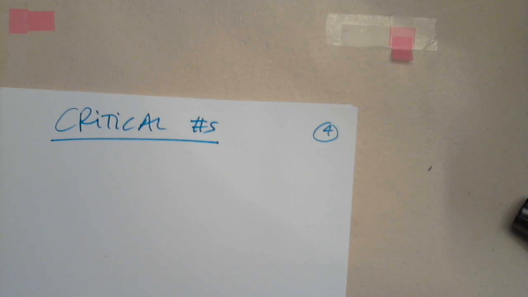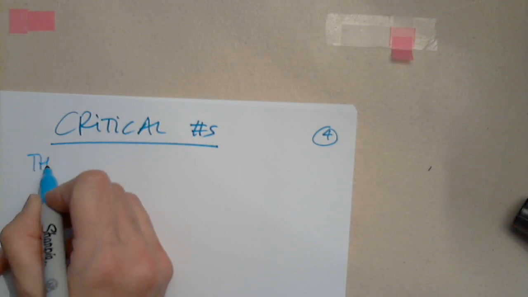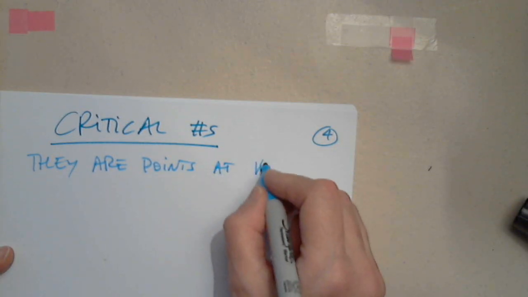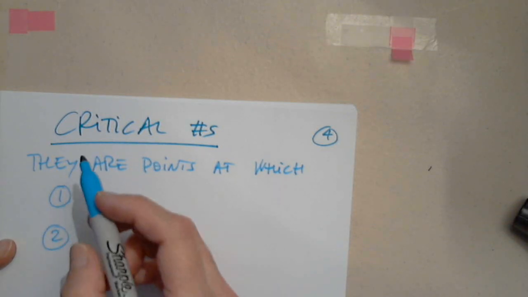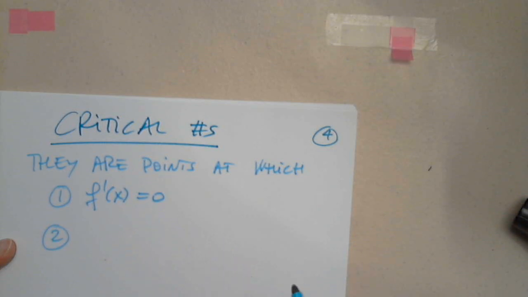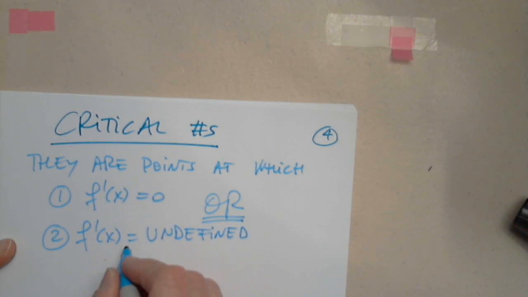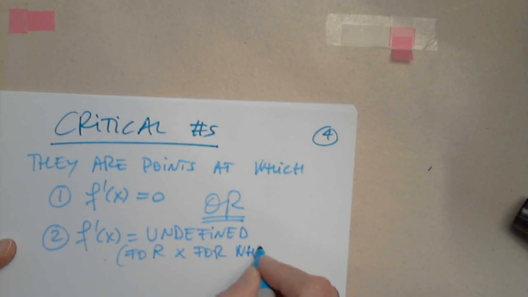Well, a critical number is a point at which one of the following can happen. f prime of x is 0, or f prime of x is undefined for x for which f of x is defined.